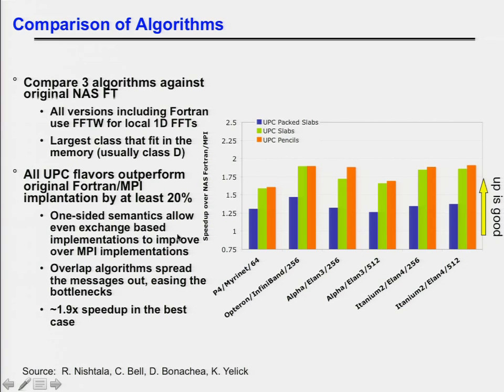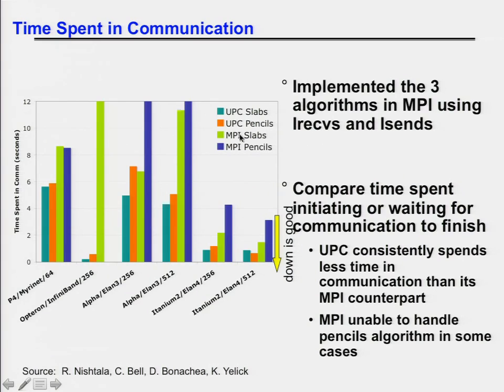So the natural question to ask is what part of the time is spent in communication versus computation? Here's a slide that just breaks down the communication time. Again, this is showing UPC versus MPI now, and slabs versus pencils. Pencils, again, being the most tiny messages, slabs being in the middle.